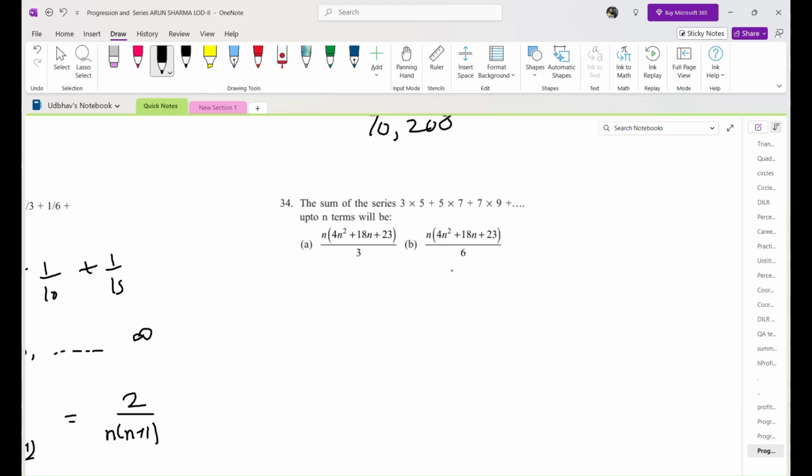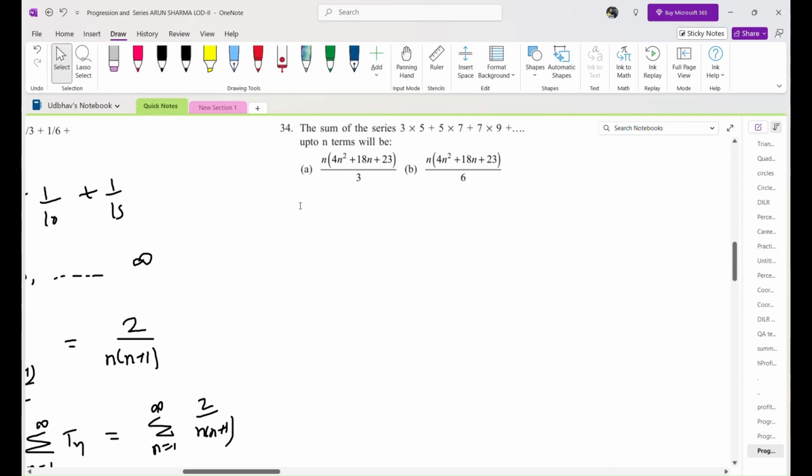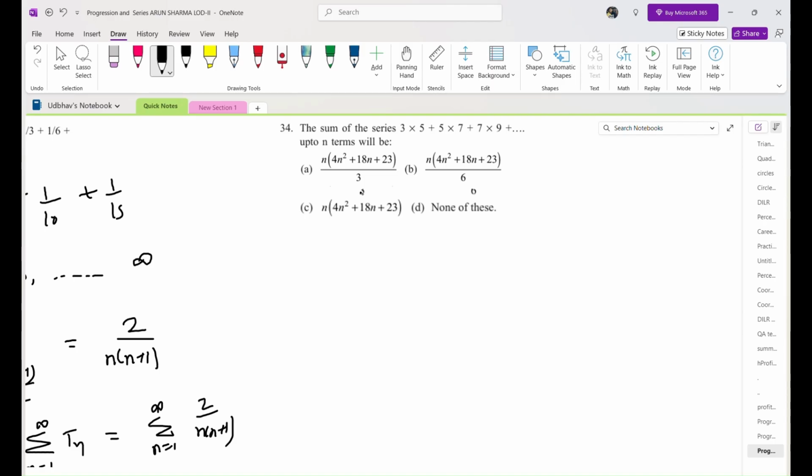Oh, there are the other options. Let me just get the other options first. And let's ignore these.